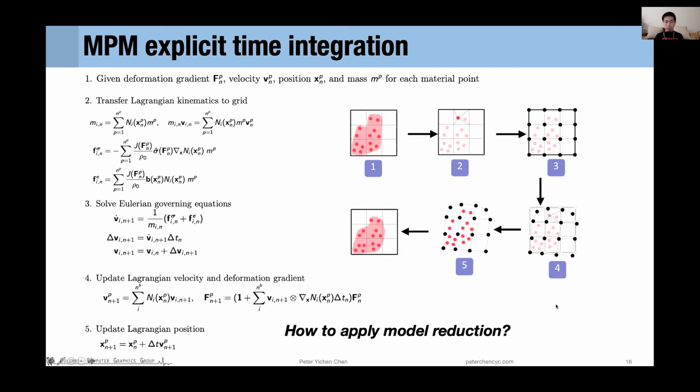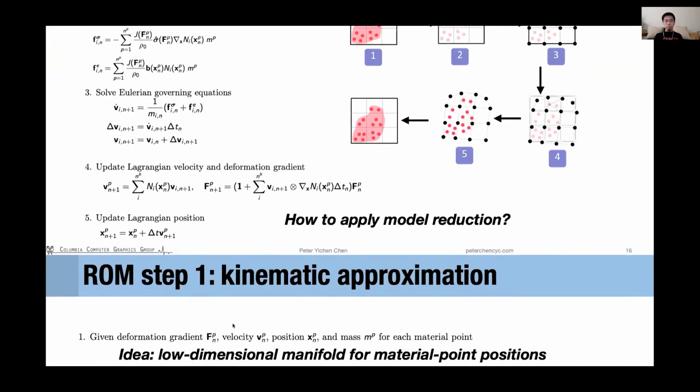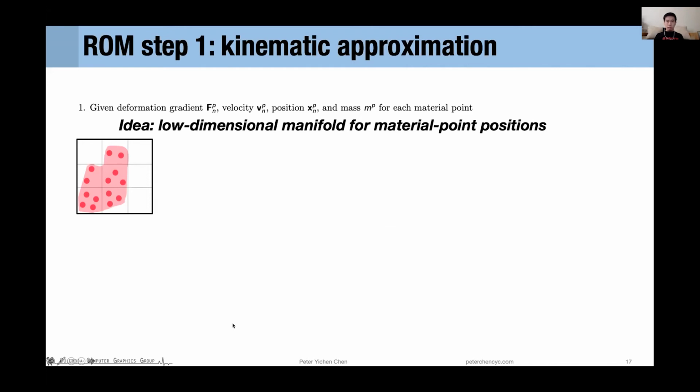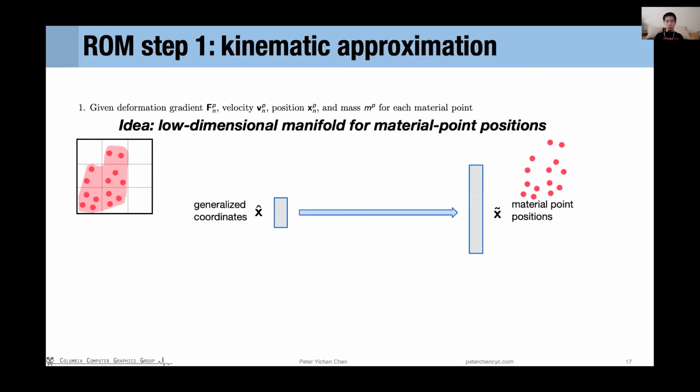And to apply model reduction, essentially, we have to handle these kinematic information, as well as this dynamics evolution. In the first step, we need to build a kinematic approximation. A naive approach would directly construct a low-dimensional manifold for the discretized material point positions, right?